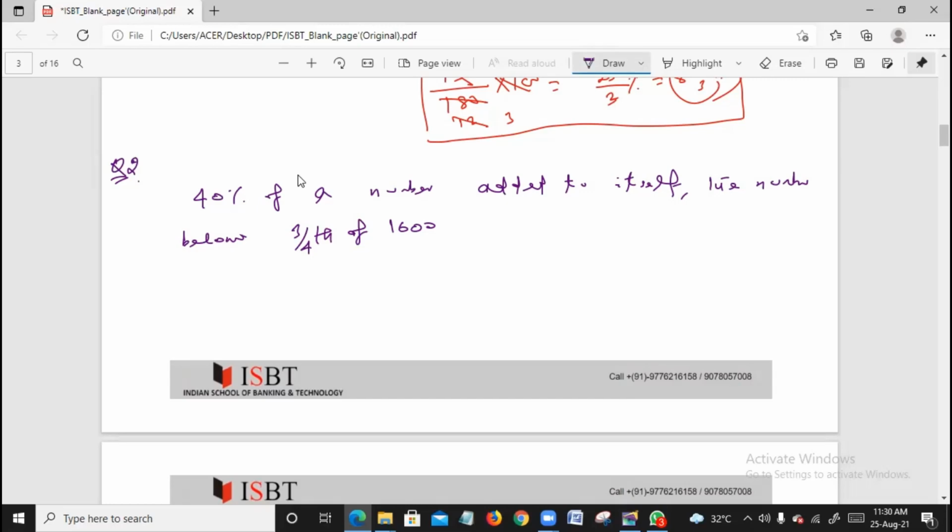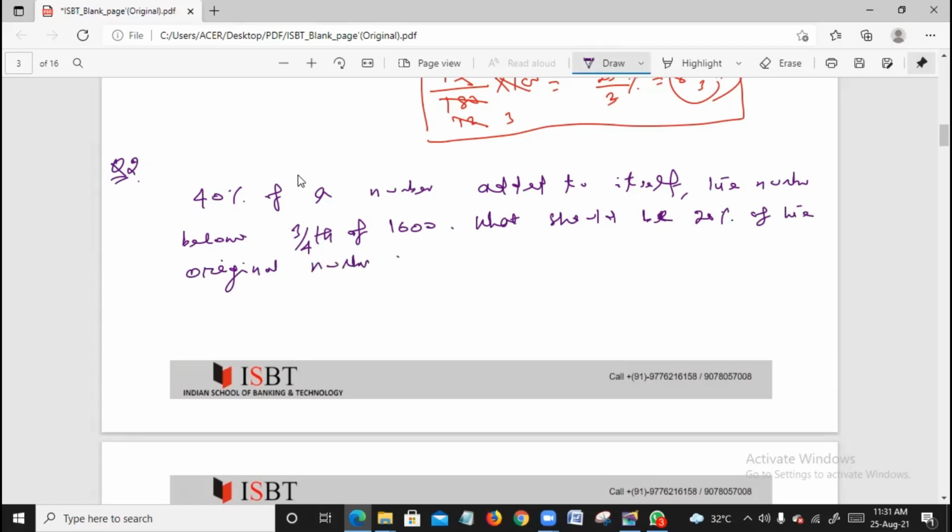The question is, what should be 20% of the original number?